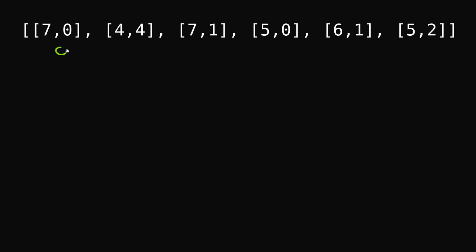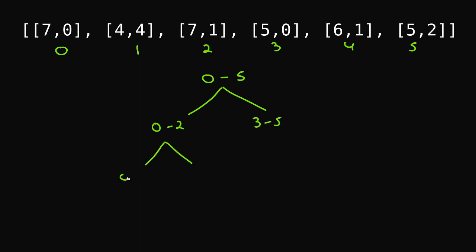I usually like to represent the segment tree with the indices that it corresponds to. So the first one is corresponding to the range 0 to 5. That's going to split into two parts, which is 0 to 2 and 3 to 5. That's again going to be split in two parts, which is 0 to 1 and 2.